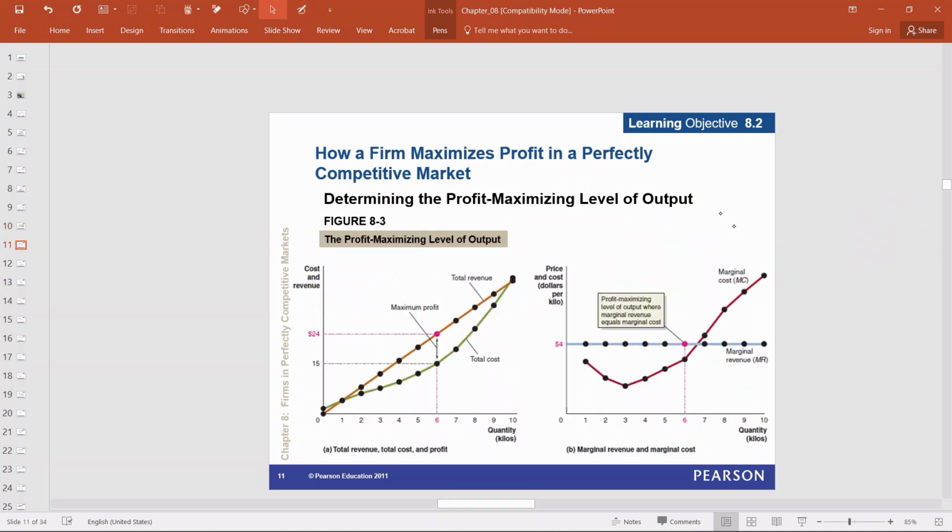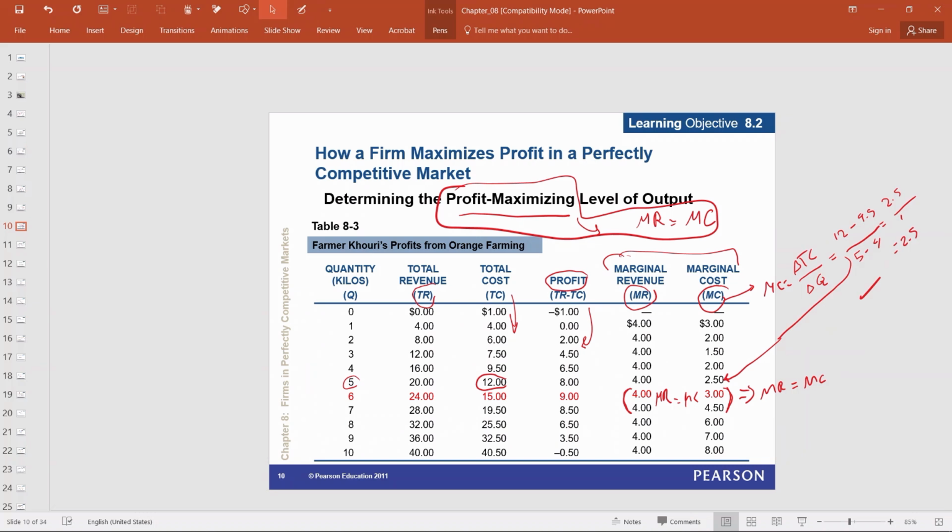Look at this one. Now here price equals marginal revenue. Look at the previous slide and see the price.